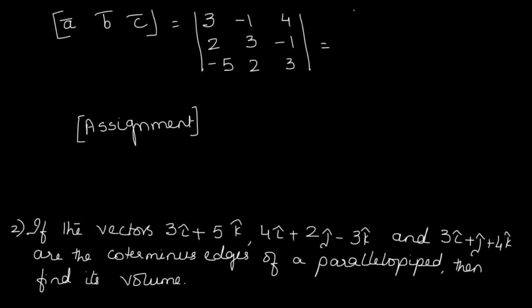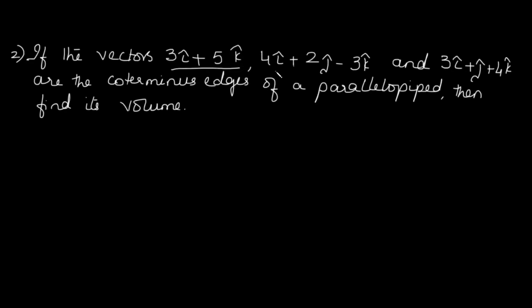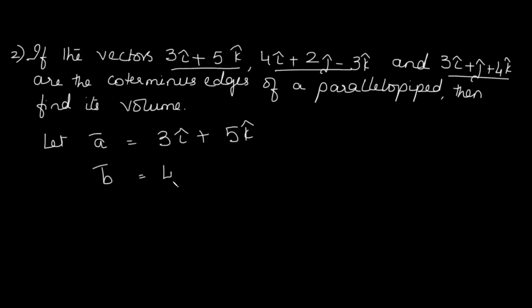Now the next sum, the second sum. Three vectors are given over here. Suppose the vectors A, B and C are the coterminous edges of a parallelepiped. Then find its volume. So we write over here, let A be the first vector, B be the second vector, and C be the third vector.